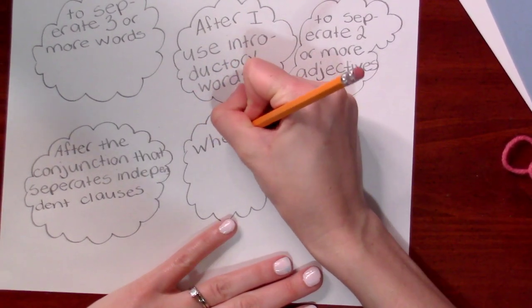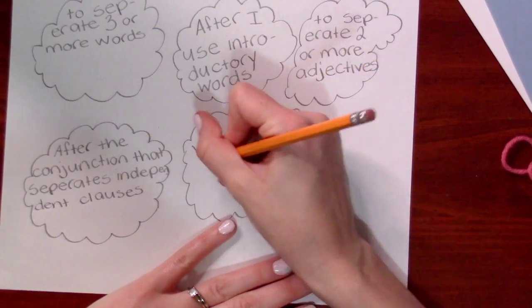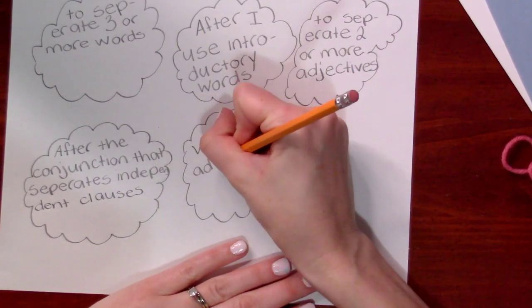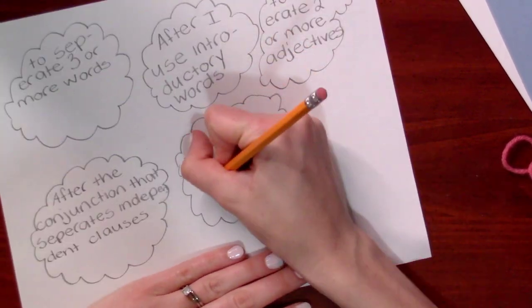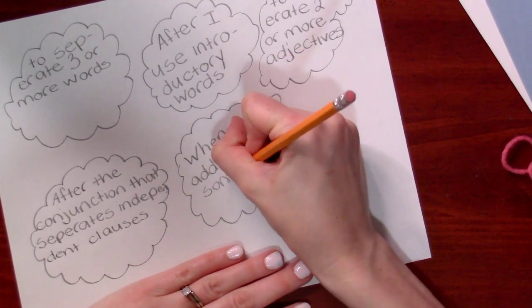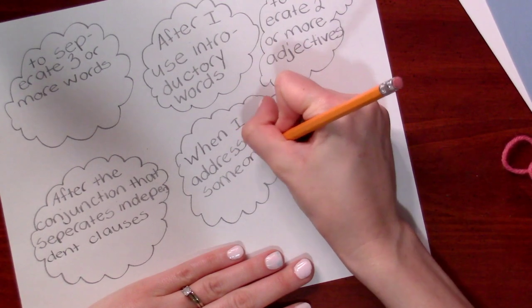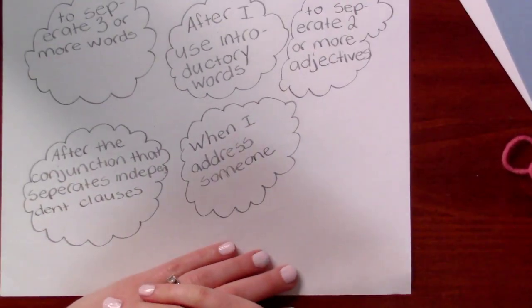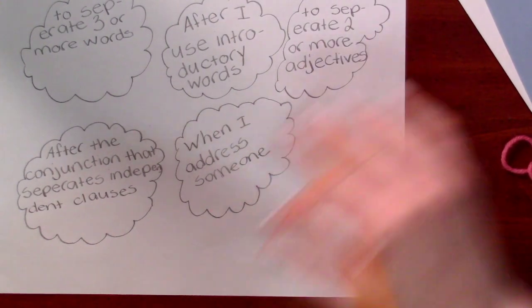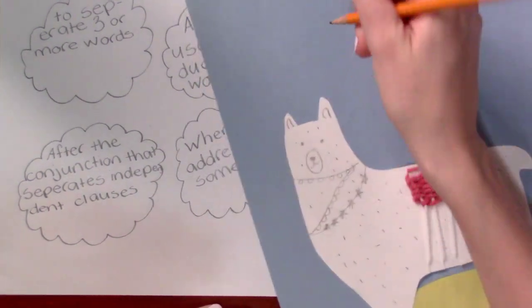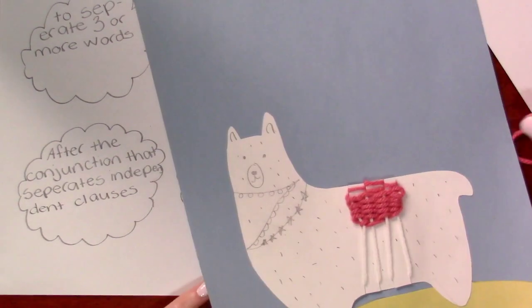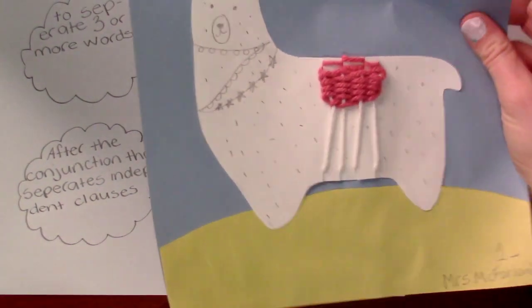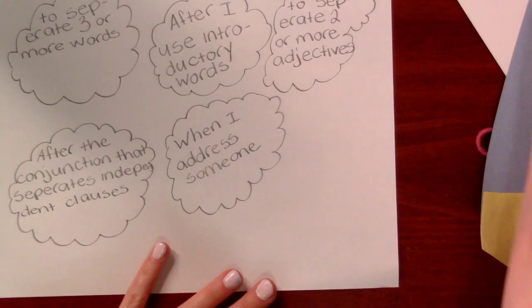When I address someone, so if you were to say, comma llama, you're so cute, you would put comma llama, comma, you're so cute. Because you're addressing, talking to the comma llama.